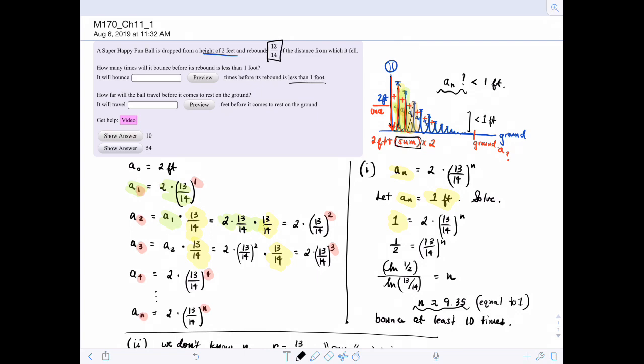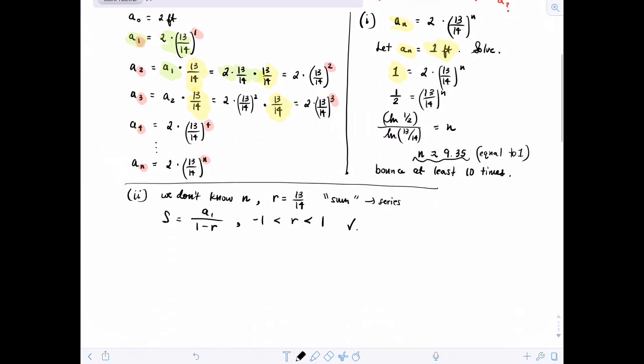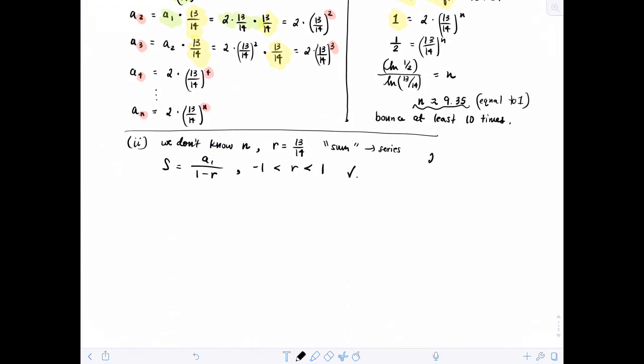So once we evaluate s, we'll multiply it by 2 and then add 2 feet to it. So once again, remember, we're looking for 2 feet plus the sum times 2. This sum here is the s in the formula. Okay, I think we're ready.